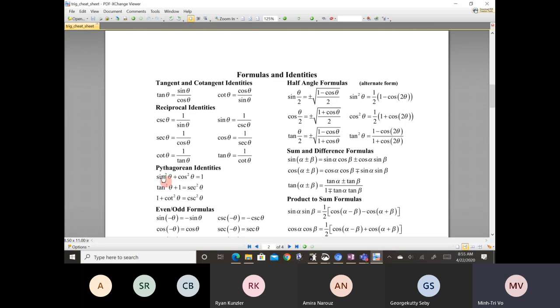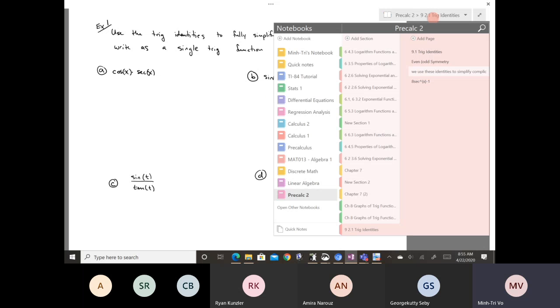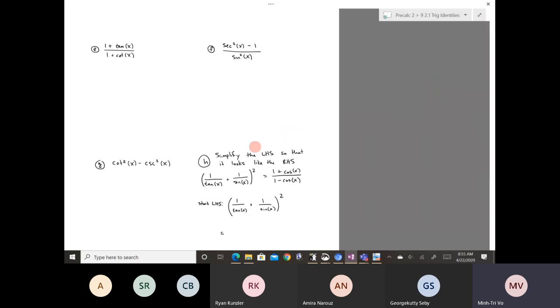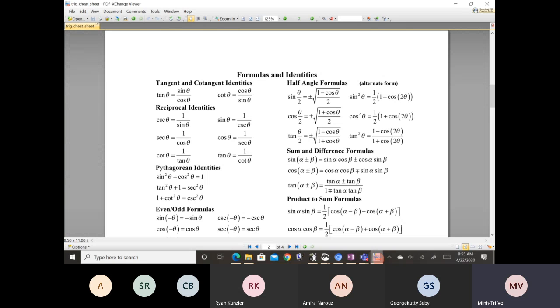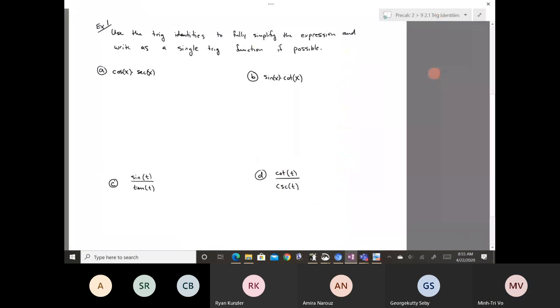Whereas if you see things being raised to the second power, then maybe you want to use the Pythagorean identities. There's no reason to use the Pythagorean identities if you don't see anything being squared. These don't have anything squared, so you don't want to use the Pythagorean identities. Whereas if you go to the next page, you start seeing secant squared here, and cotangent squared here, so things are being squared. Then maybe you want to introduce the Pythagorean identities. So that's one thing to keep in mind.